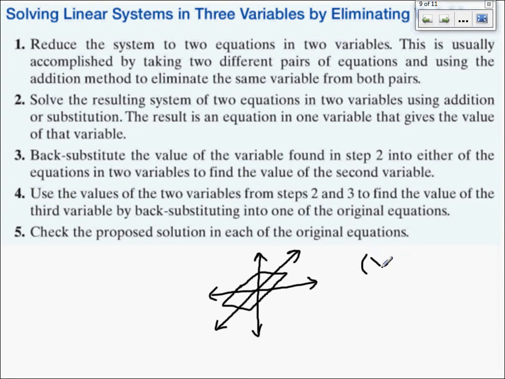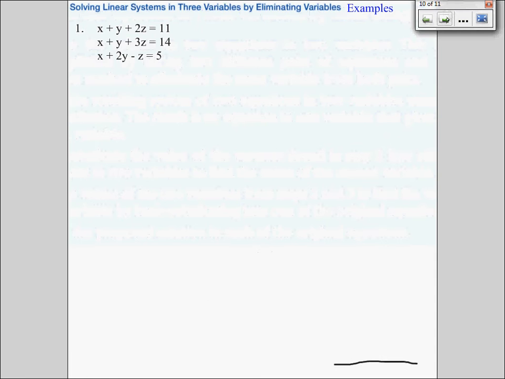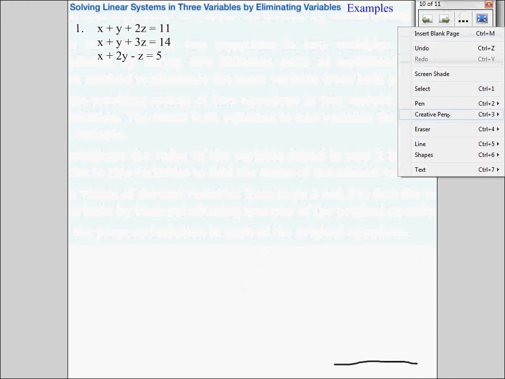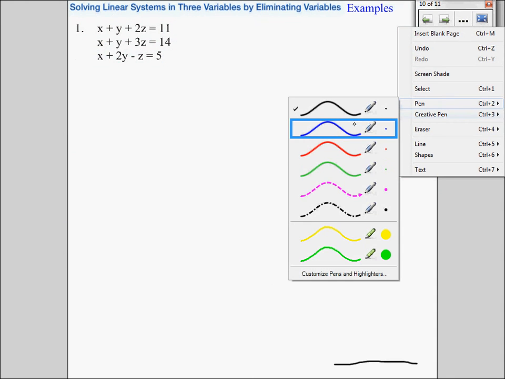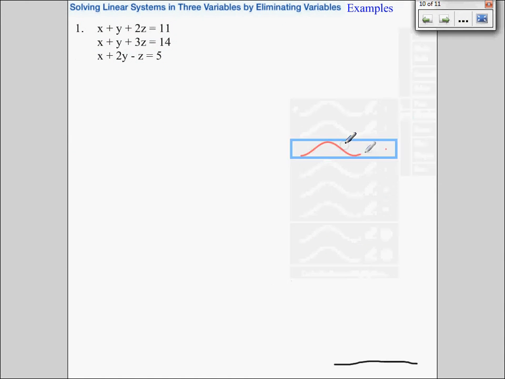And you're going to get answers that look like x, y, and z. So that would denote a certain point on the quadrants. And now to look at some examples, we have the following.